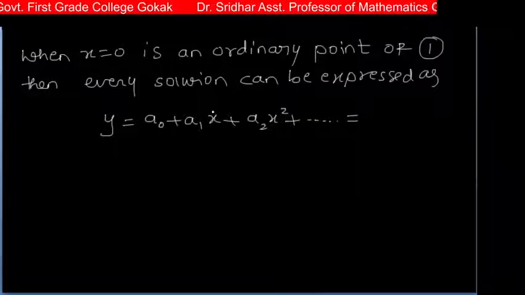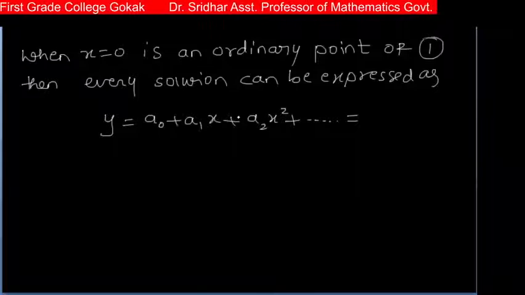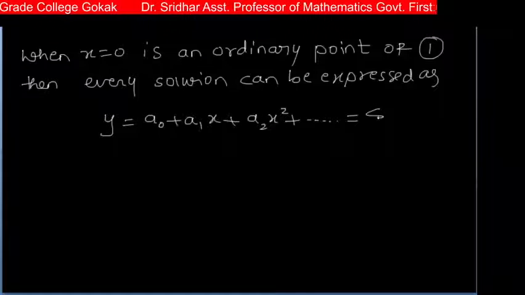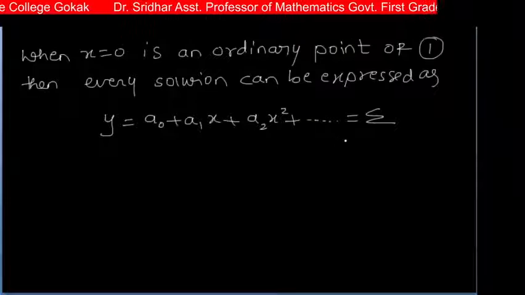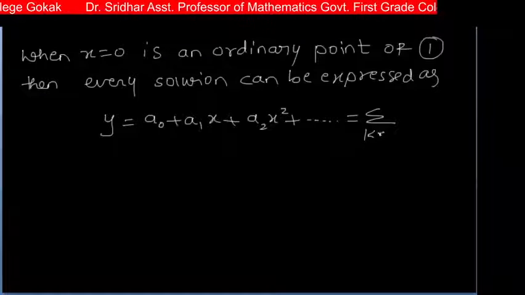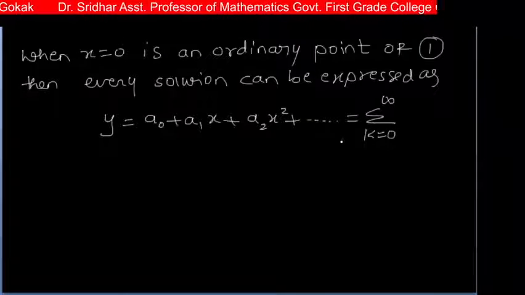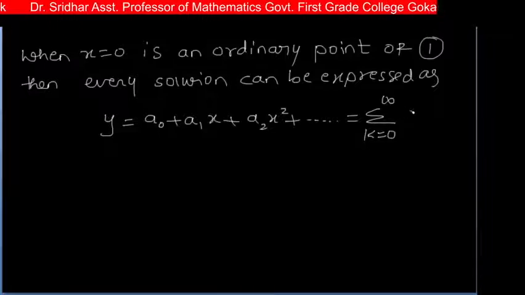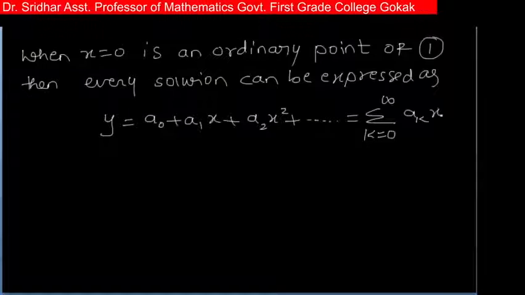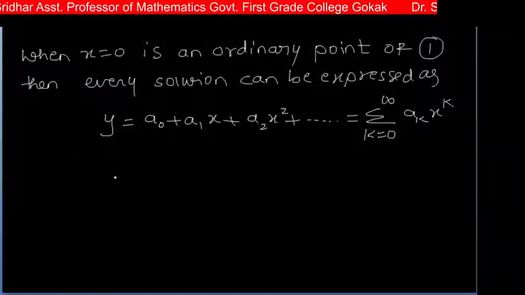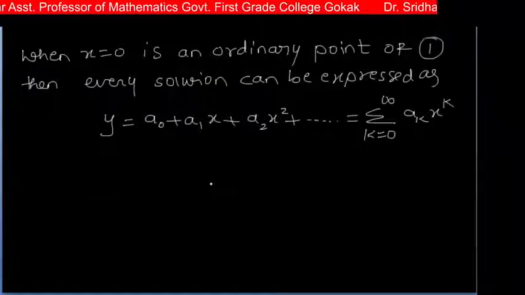Okay, so this can be written in the summation form. Summation from k is equal to 0 to infinity ak x to the power k.